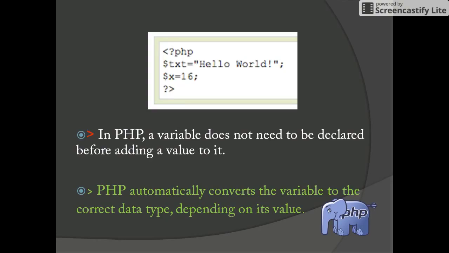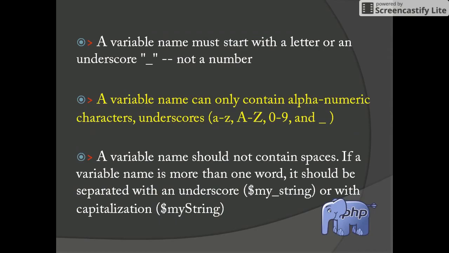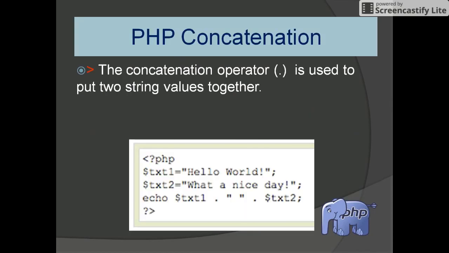As you can see here, these are two variables, x and txt. In txt we stored a string, in x we stored a number. These are the rules. Then comes the PHP string concatenation operator, which is denoted with a dot symbol.